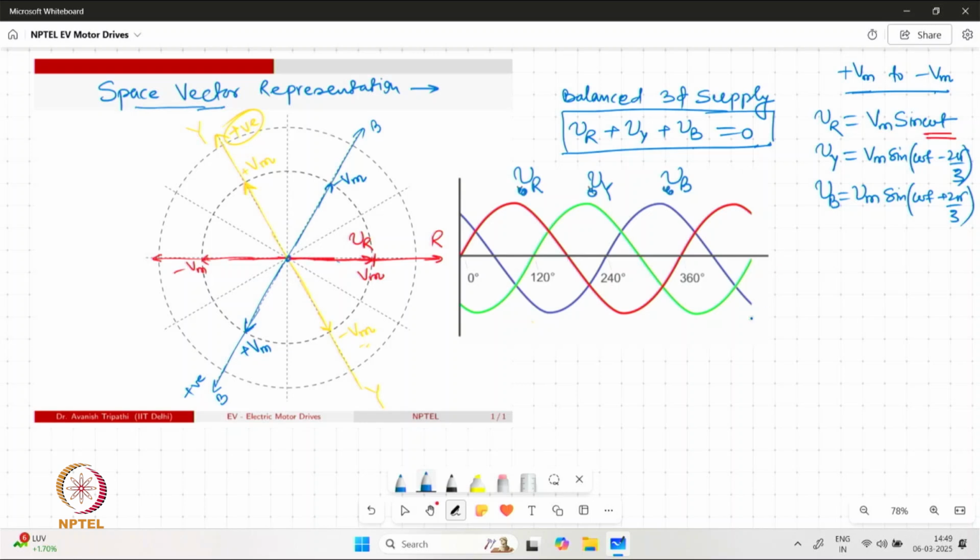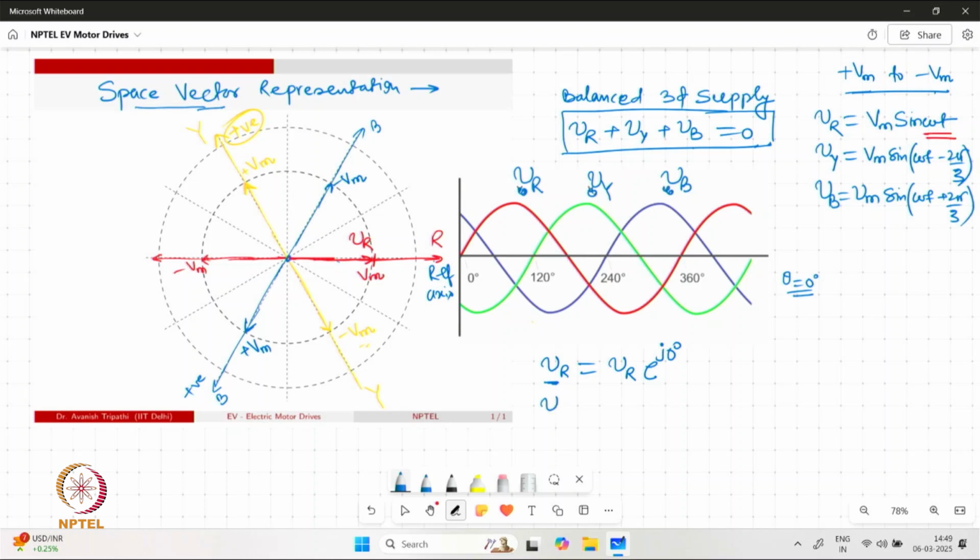So I would write Vr as a vector. Underscore is the notation for vector in this course, and we are writing Vr as the magnitude Vr times the unit vector associated with the position. In this case, this theta is basically 0 degree for R phase. This is our reference axis, which is why I can directly write 0 degree over here.